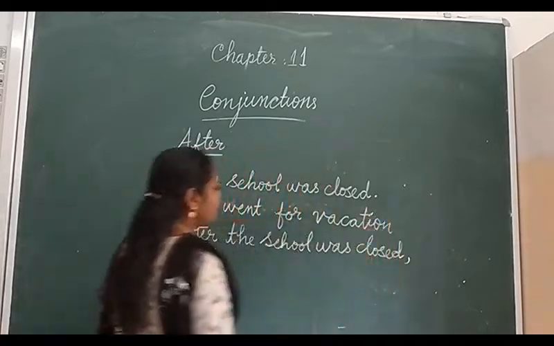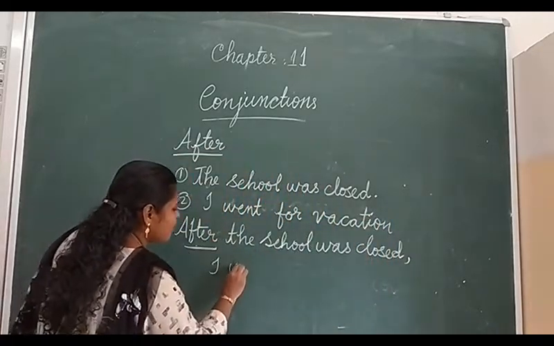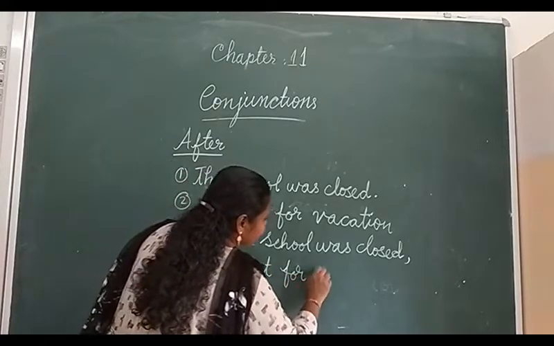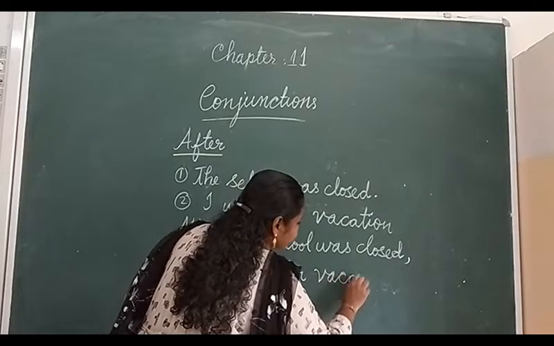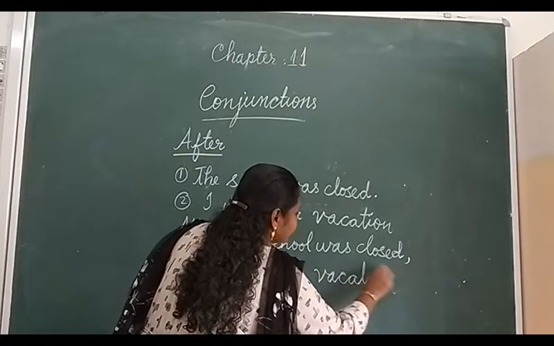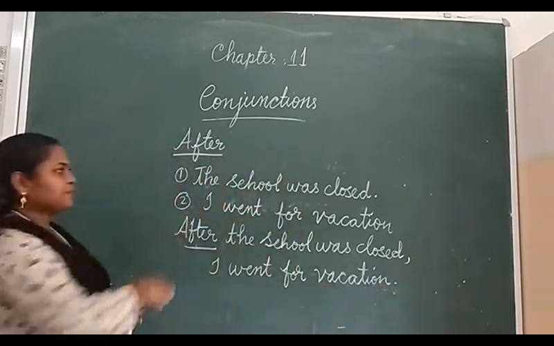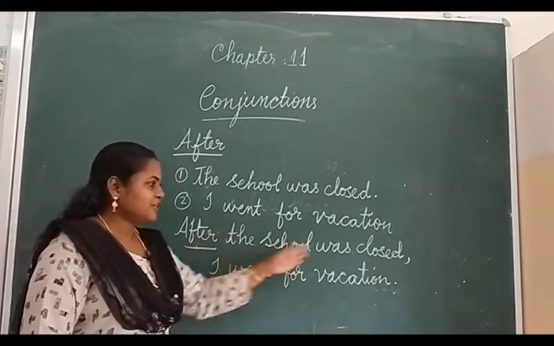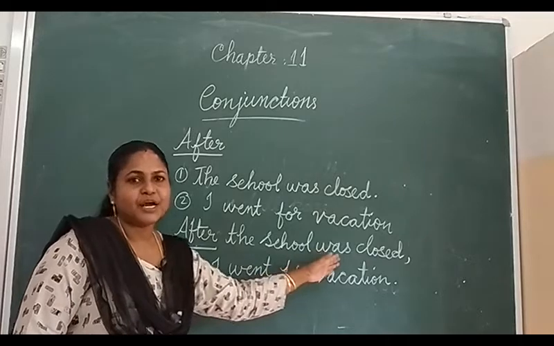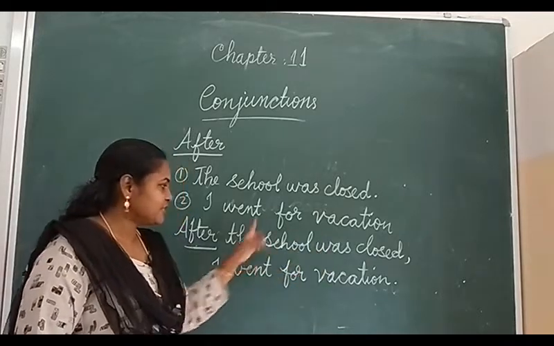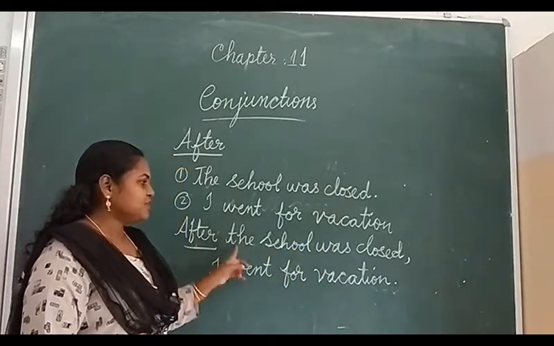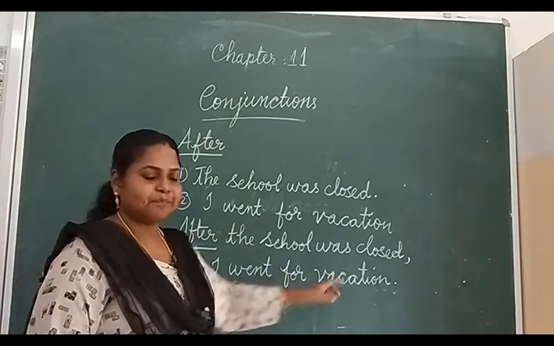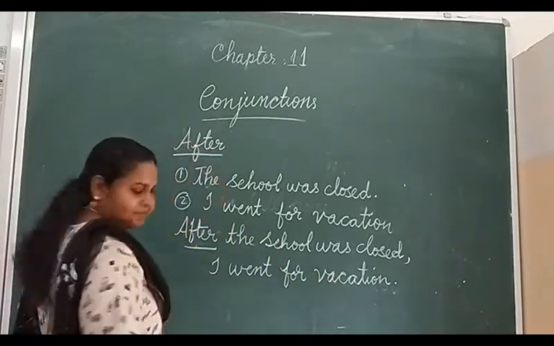Then comma, I went for vacation. You see, this conjunction is placed in the beginning and we joined these two sentences together. After the school was closed, I went for vacation.